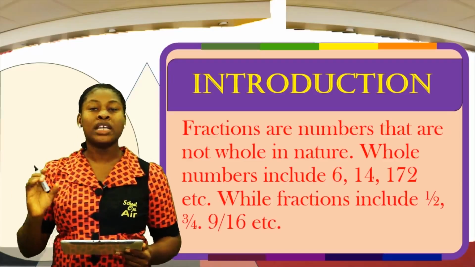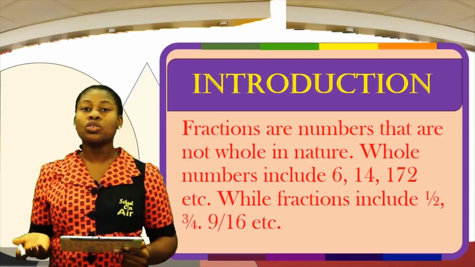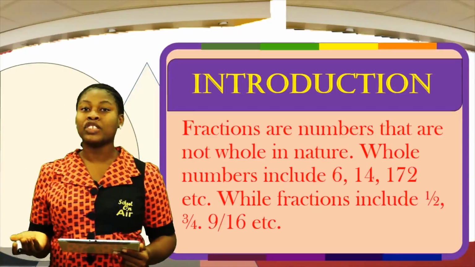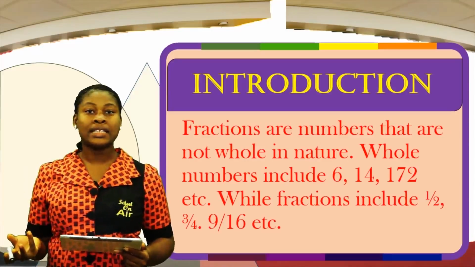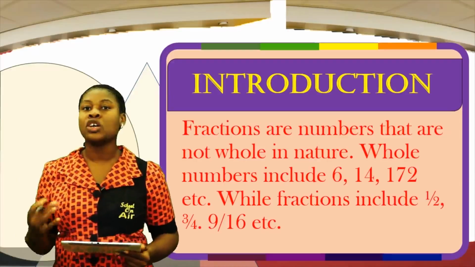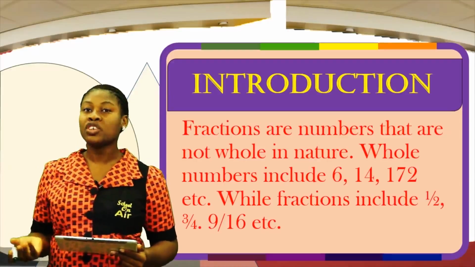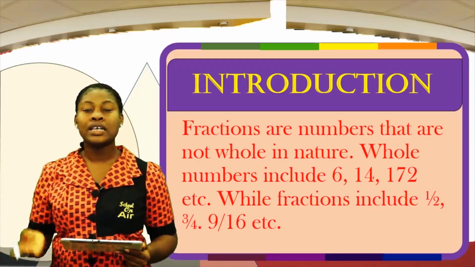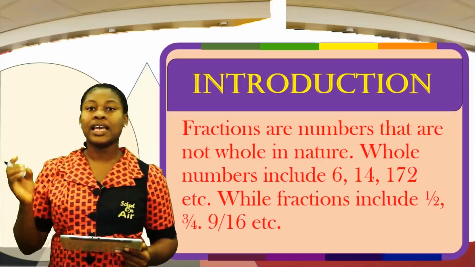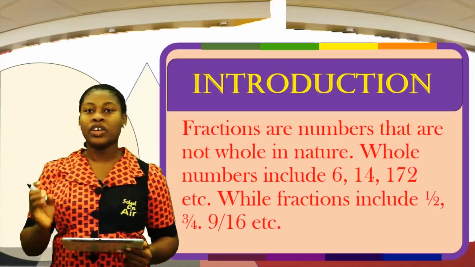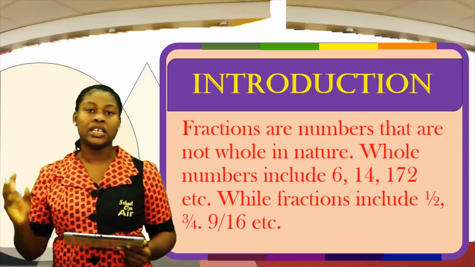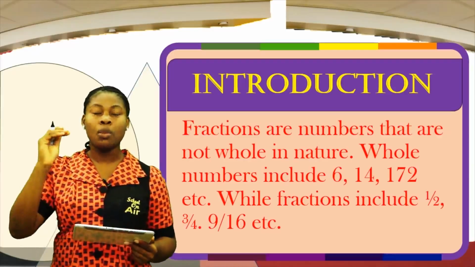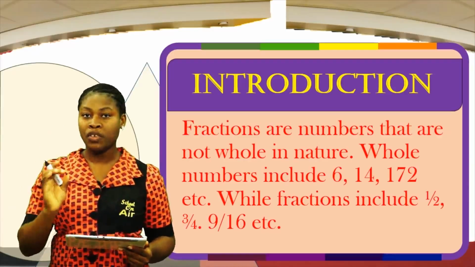Whole numbers include 6, 14, 172, 139, and so on. 1 million is a whole number, while fractions include 1 over 2, 3 over 4, 9 over 16, 8 over 25. You can see that they are not whole in nature. To write them, I had to use two numbers, one up, one down, to make a fraction.